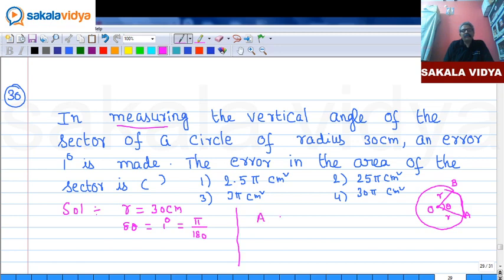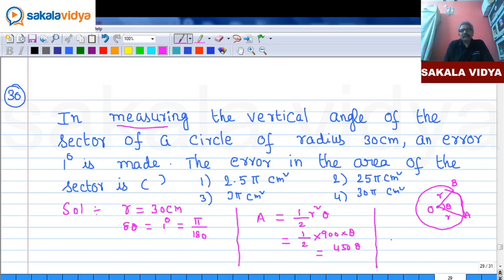Area of the sector is half r square theta. R is a fixed constant, it won't change. So half into r square, which is 900, into theta, equals 450 theta.